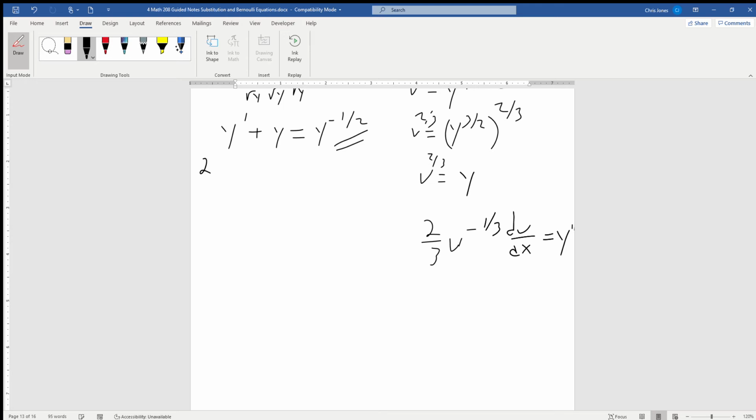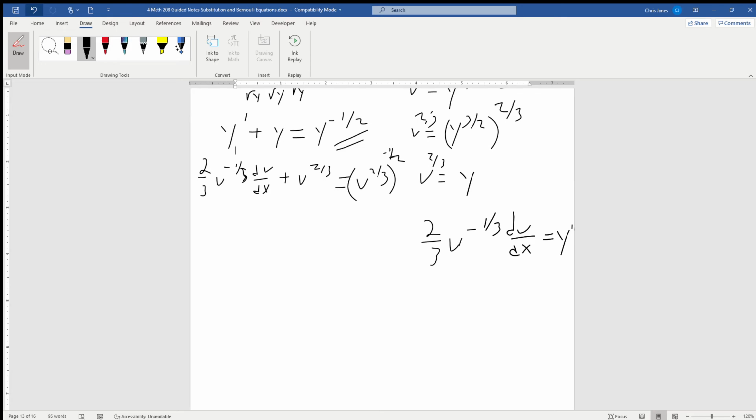So we get 2/3 v to the minus 1/3 dv dx. Remember that y was equal to v to the 2/3, and that's going to be equal to v to the 2/3 to the minus 1/2 power. So that's minus 1/2 power.